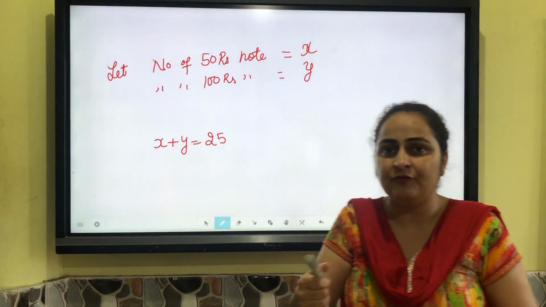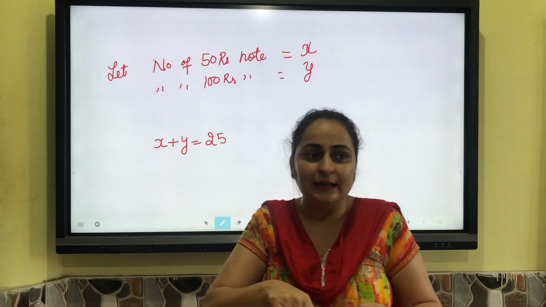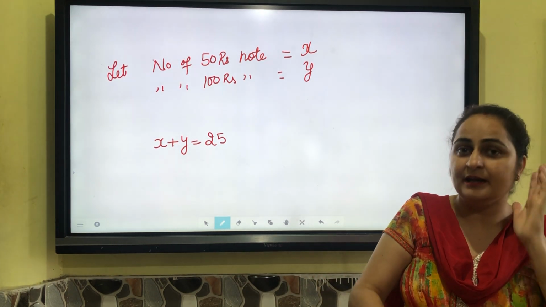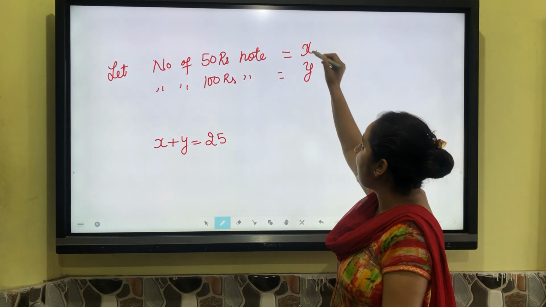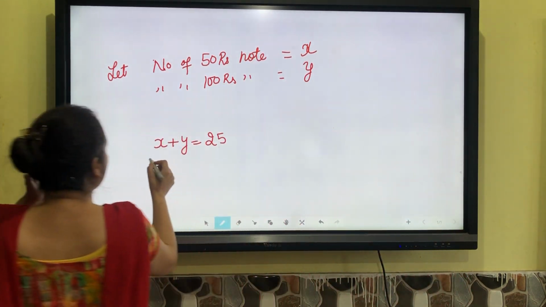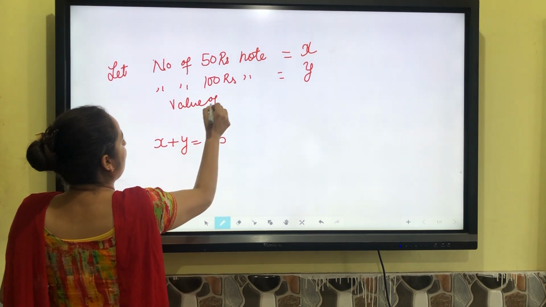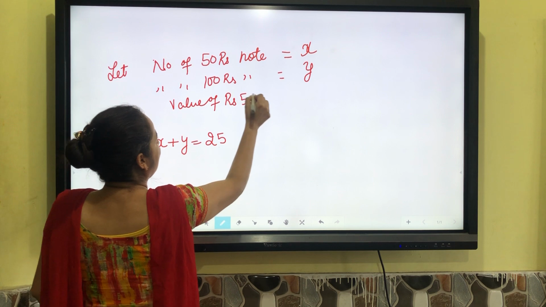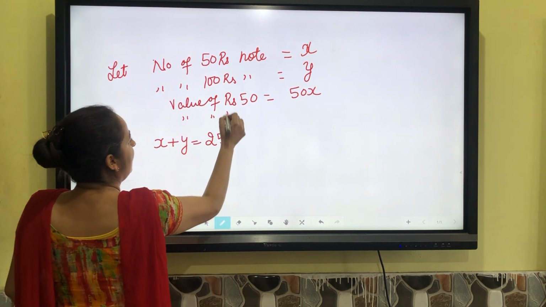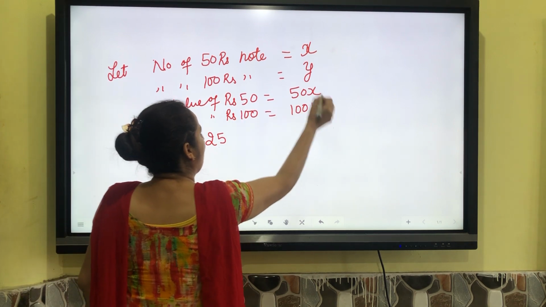If you have 3 notes, that is 3 multiplied by 50. And if there are X notes in your purse, the value of 50 rupee notes is 50X. Same for 100 rupees, that is 100Y.